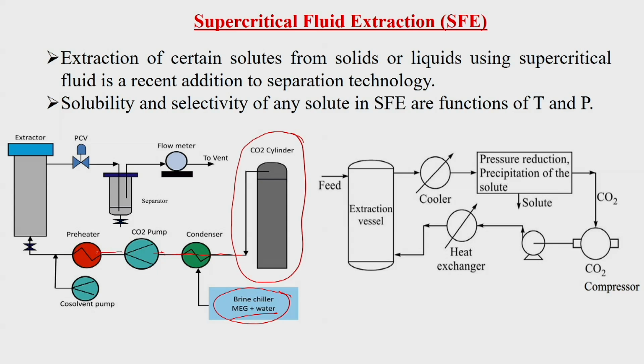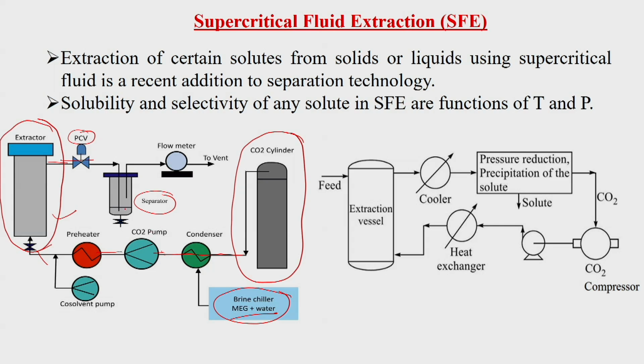Then it is preheated so that the temperature also remains above the critical point. The product coming out is supercritical carbon dioxide. It is then added to the extraction unit, where the supercritical fluid extraction takes place. After the extraction is over, it goes through a pressure control valve, and then a separator.